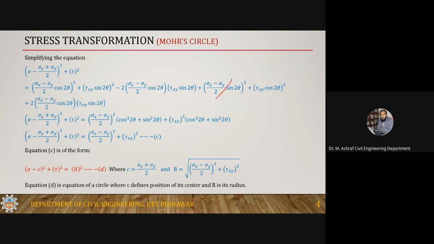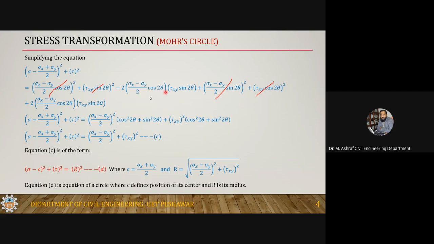I have combined this one with this one. And similarly combine this one with this one. So you will get tau xy square times cos square 2 theta plus sine square 2 theta.